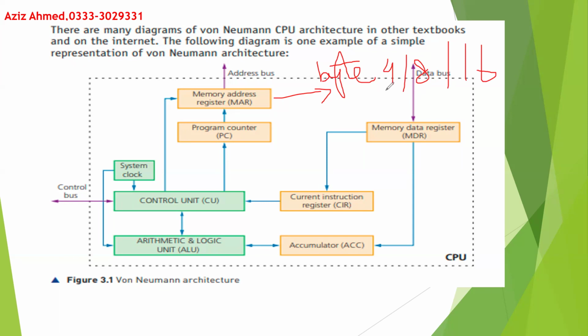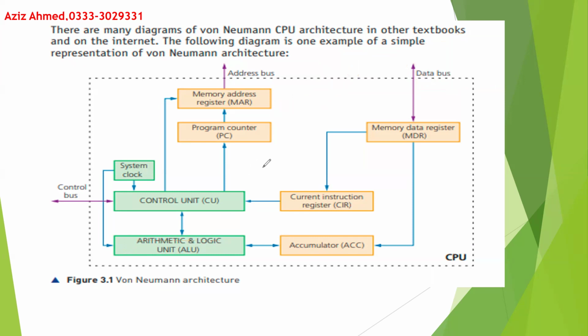So according to storage, its capability to store, the speed of the computer is determined. Now CU and ALU. CU operates the whole operation. The purpose of CU is to control the activity of the operation of the computer. ALU performs the actual operation: plus, minus, divide, multiply. We will discuss in detail later on.